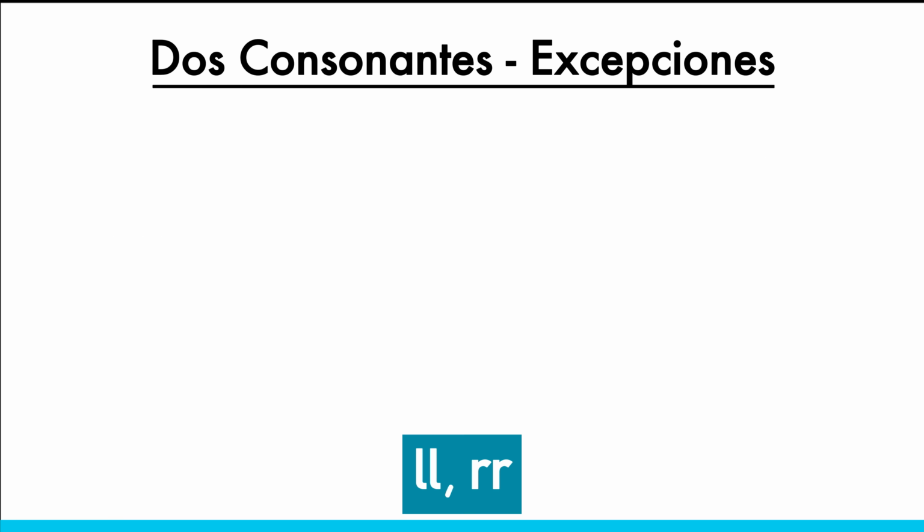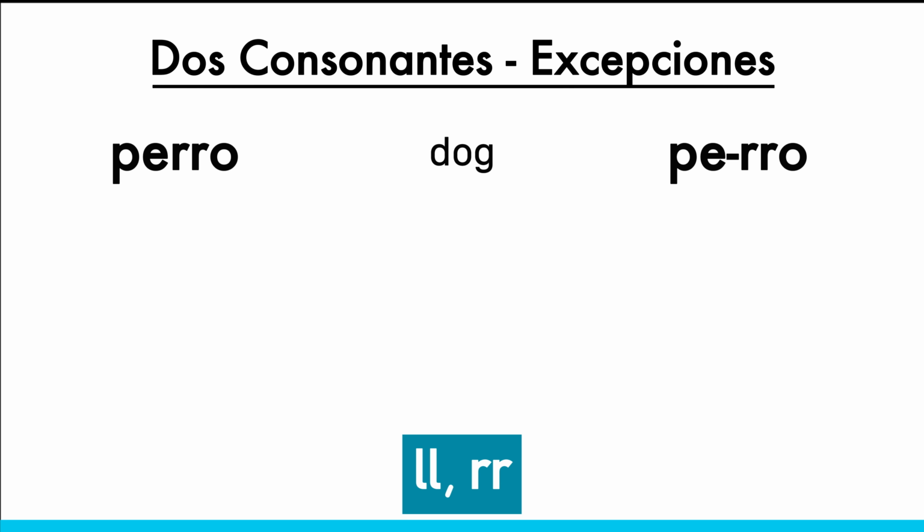The final exception on this topic are the letters eñe and erre. Whenever we have two L's and two R's, they are going to be treated as a single letter, and they are also not going to be divided. Here are a few examples. Perro. The two R's are going to stay together.